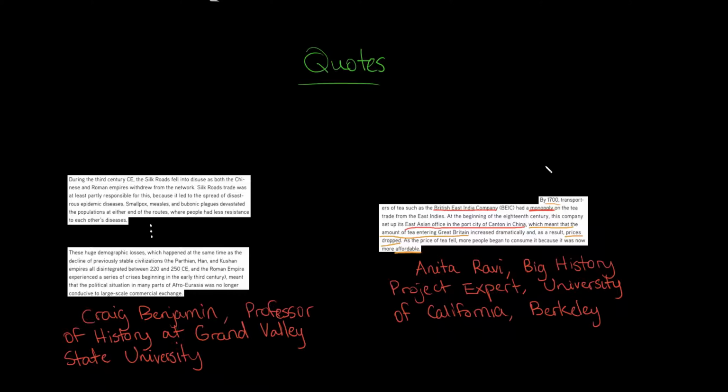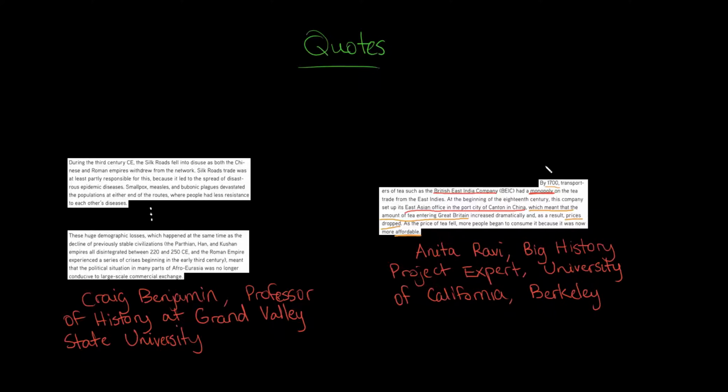And I have a quote now from Craig Benjamin, who's a professor of history at Grand Valley State University, and what he said is, "During the 3rd century CE, the Silk Roads fell into disuse as both the Chinese and Roman empires withdrew from the network. Silk Road trade was at least partially responsible for this, because it led to the spread of disastrous epidemic diseases.